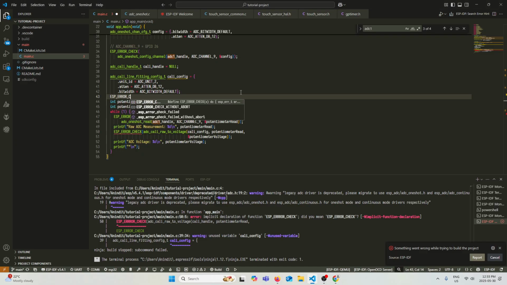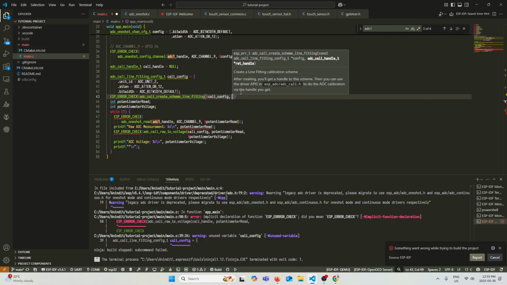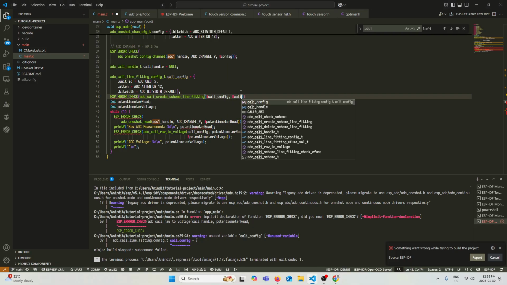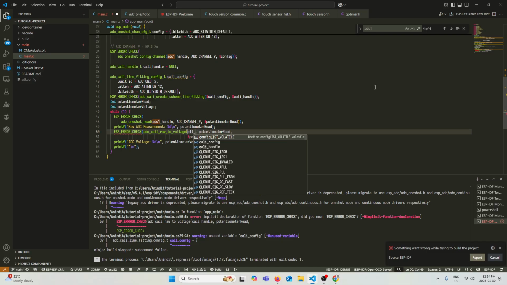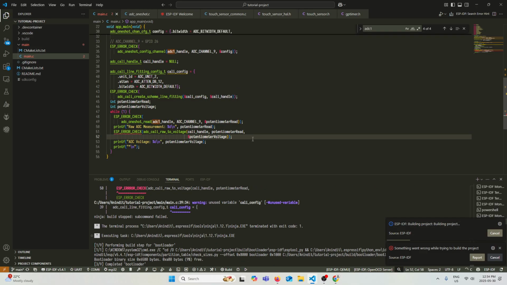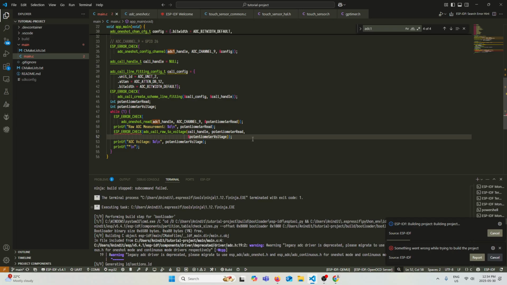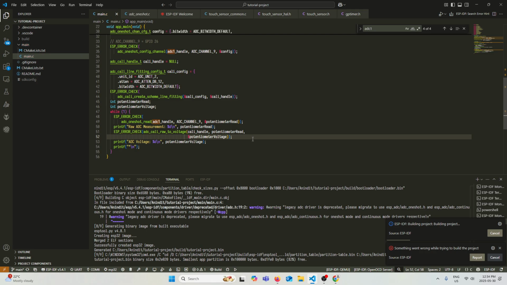Yeah, I forgot to. Kali handle. Let's we can. No. Never mind. Let's not do that. Okay, it compiles. It compiles.